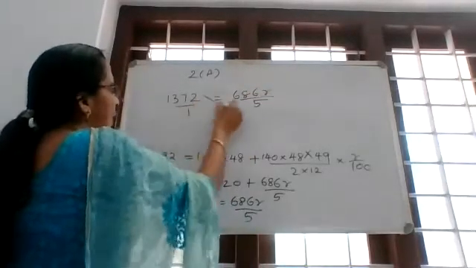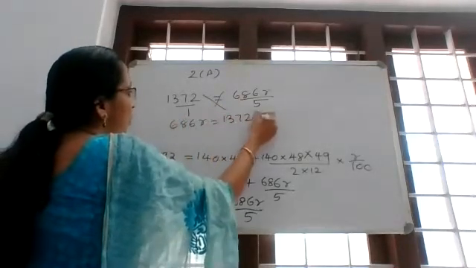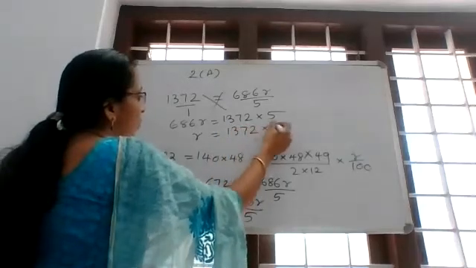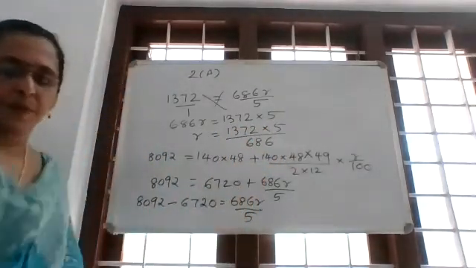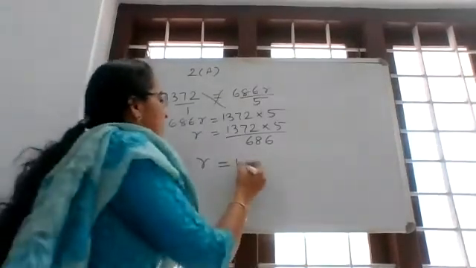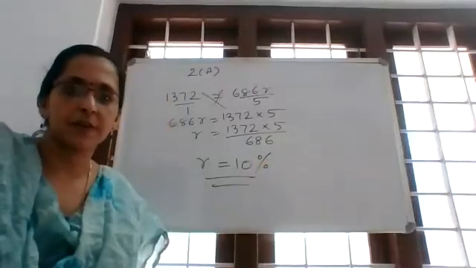Cross multiply, so 686R is equal to 1372 into 5. So R is equal to 1372 into 5 divided by 686. So cancel, you will get 10. So rate of interest is 10%.